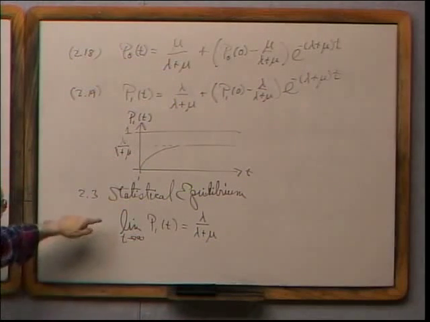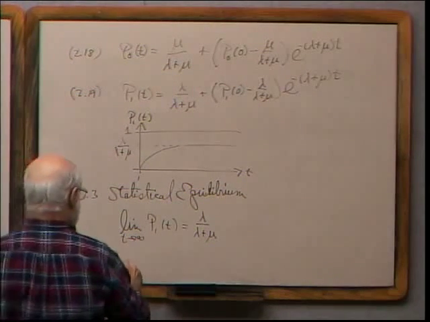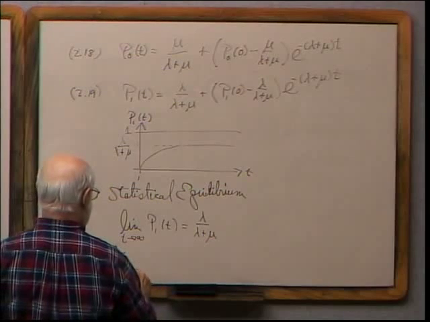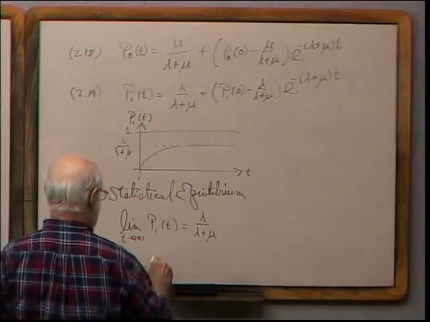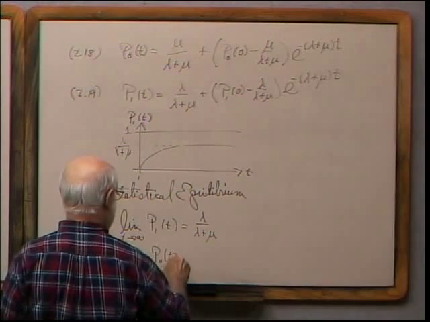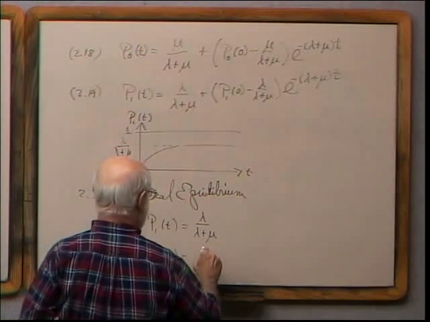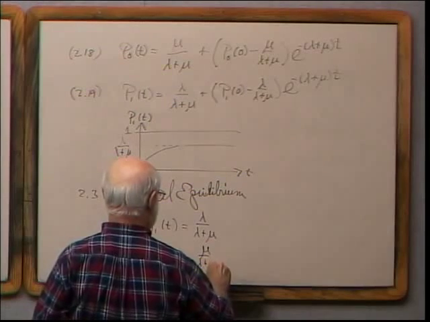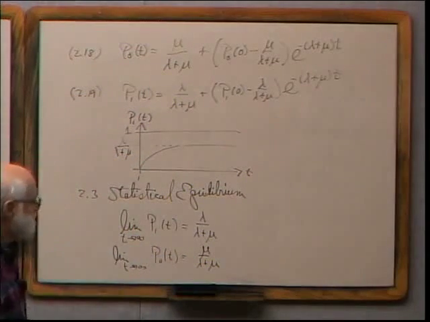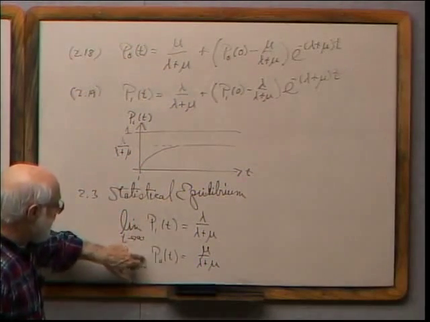Similarly, the limit as t goes to infinity of p0 of t from this equation is equal to mu over lambda plus mu. And those two add up to 1.